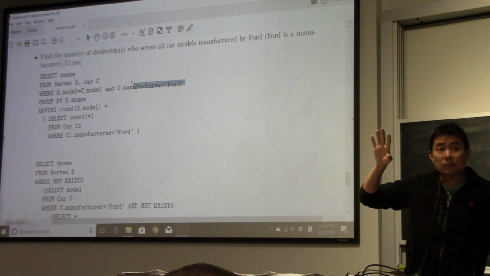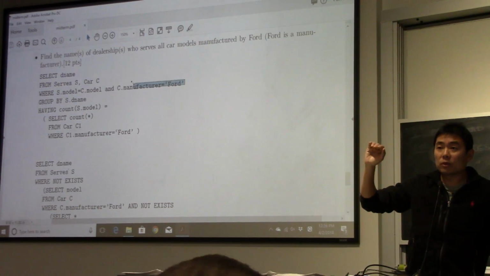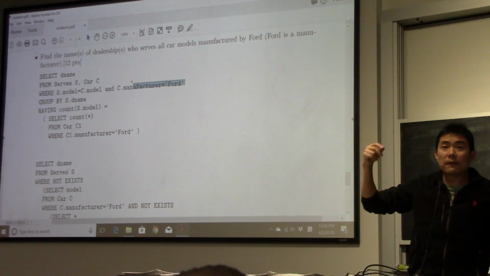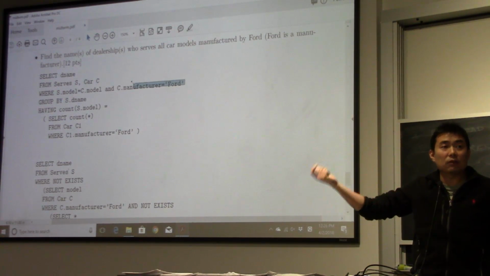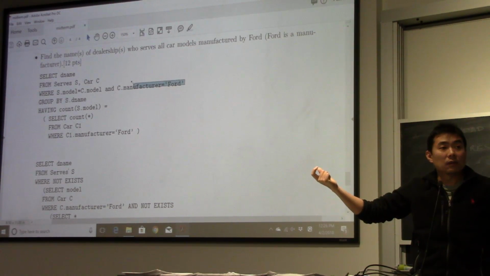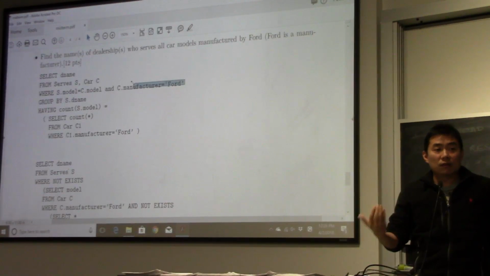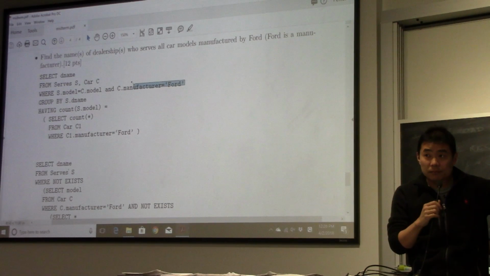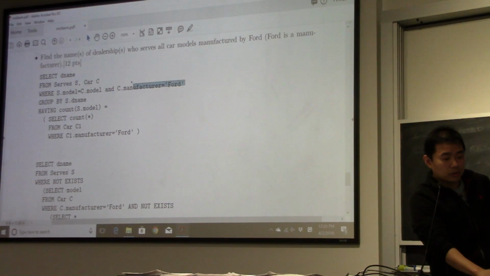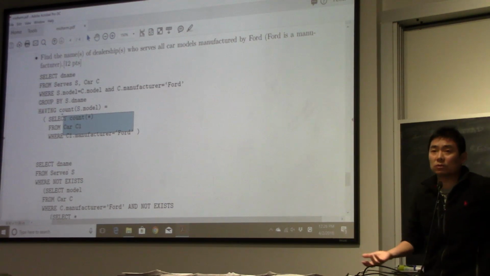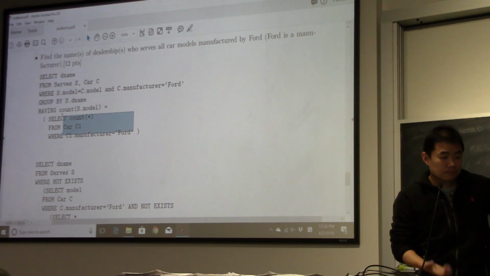So you do a join between serve and car model and check that the manufacturer is Ford. So you count only those cars served by a dealer. You follow me? And then this count must equal the total number of cars from Ford. That's it. That's a simple, straightforward application of division.